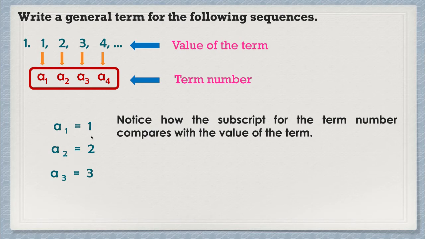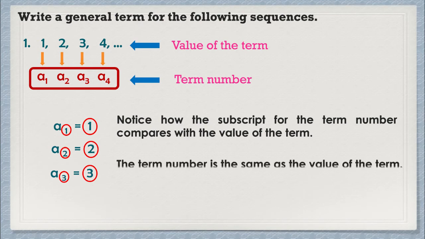The term numbers are this 1, 2, 3. So the subscript as compared to the value of the term. If the subscript is 1, the value of the term is 1. If the subscript is 2, the value of the term is also 2. If the subscript is 3, the value of the term is also 3.